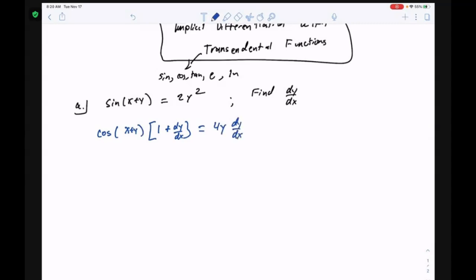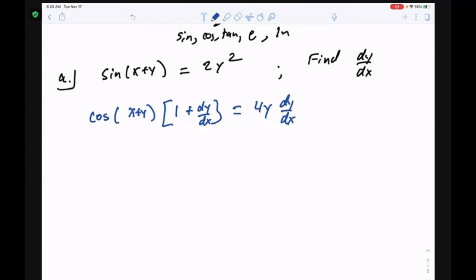So this problem only has one chain rule part. It has the transcendental function of sine with a chain rule and the functions inside it. Now, when going about solving this problem, there's a lot of different ways to do this algebra. This one is interesting because it has a dy dx on the left, and it has a dy dx on the right. If the dy dx wasn't there on the right-hand side, then I could have just divided by cosine of x plus y.